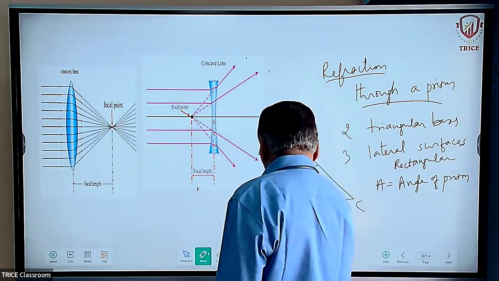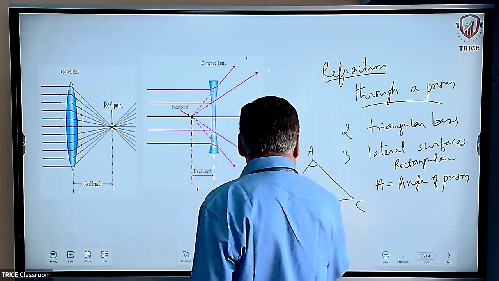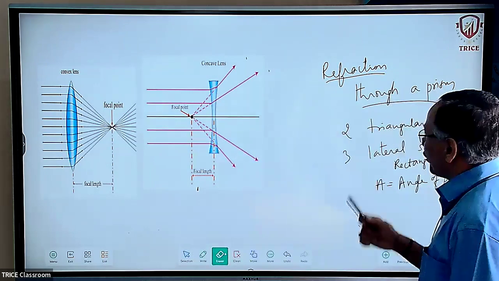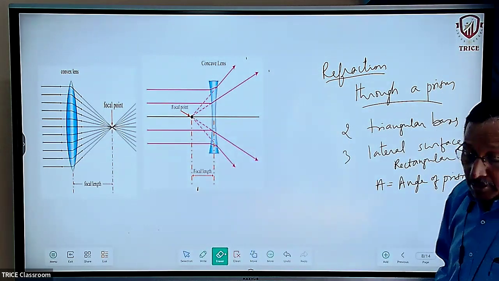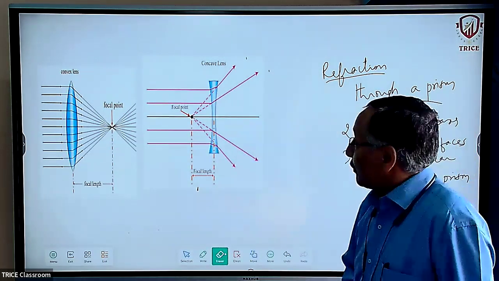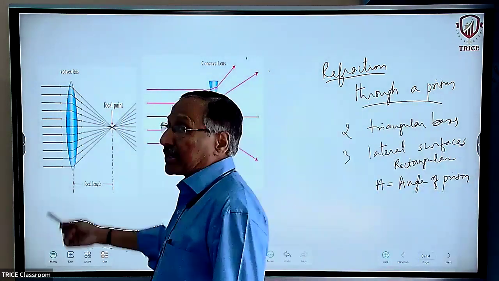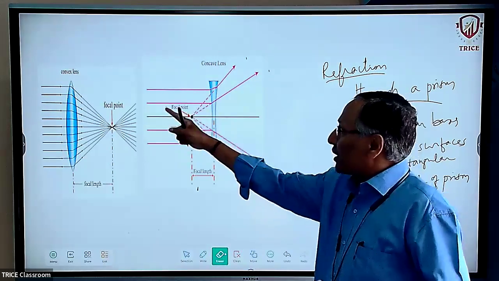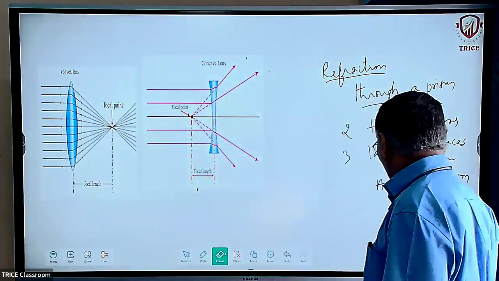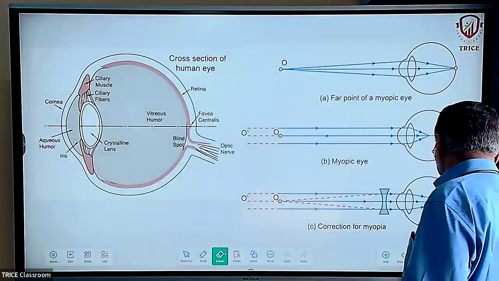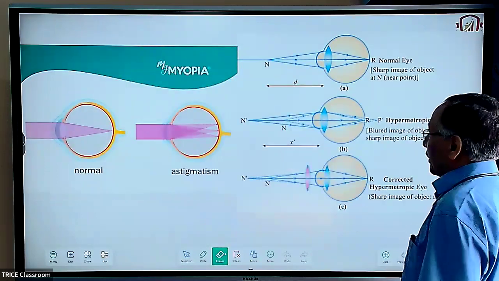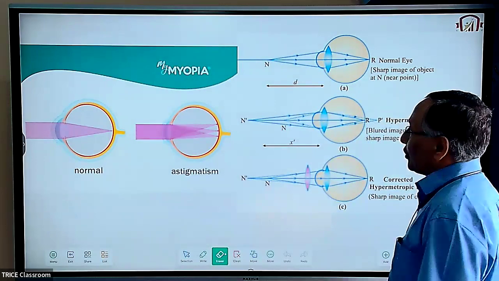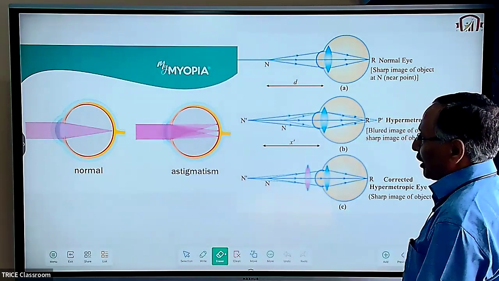There is a simple experiment. I'll explain it tomorrow and come back to you with more about this refraction and then about the human eye, which is also a convex lens. The lens which we have in our eyes is nothing but a convex lens. So what is a human eye made up of?